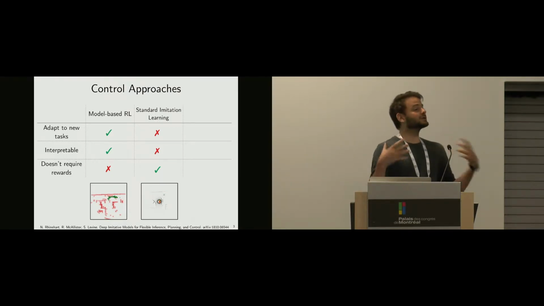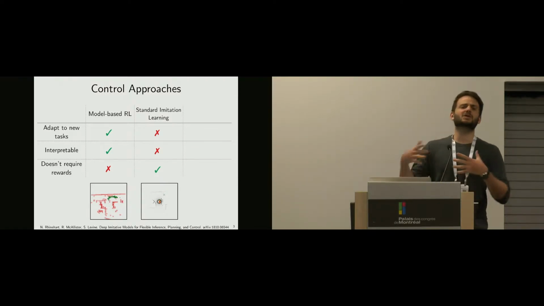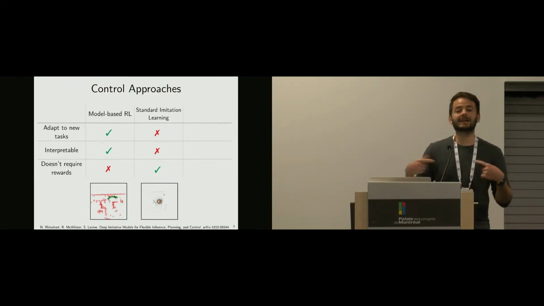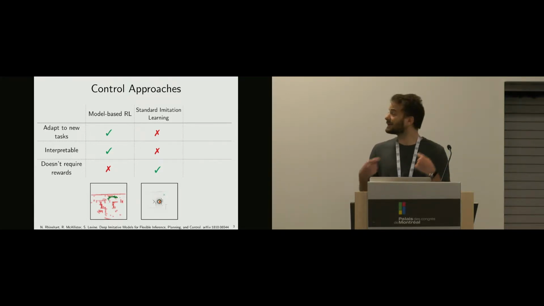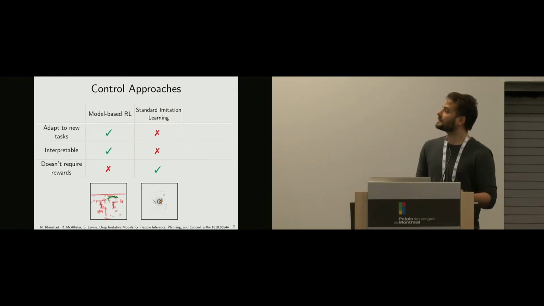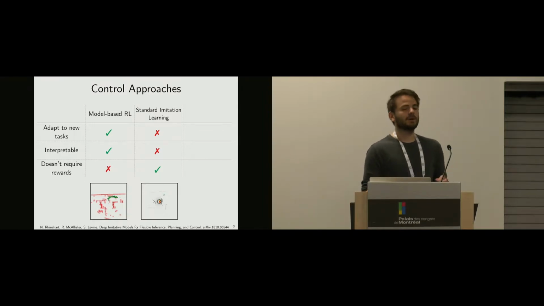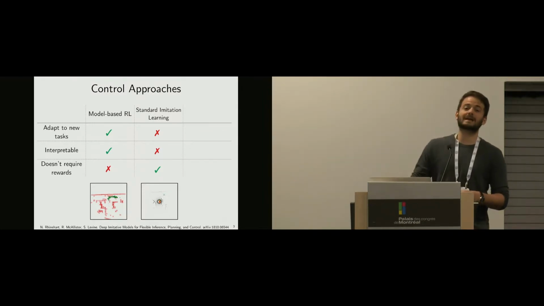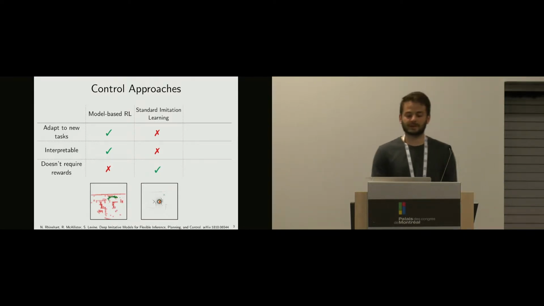And so given a new situation, the policy is just going to be spitting out these controls, and you don't really know the high-level plan it's trying to execute. And an additional downside is imitation learning is generally used in the same settings that it was trained for. So it's pretty difficult to adapt it to new tasks, although there are a few approaches that you can take.